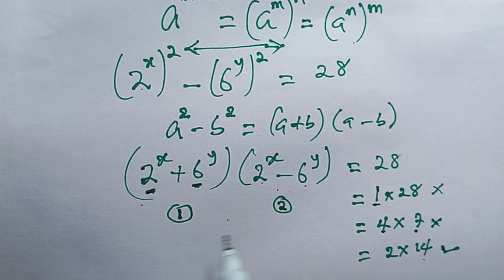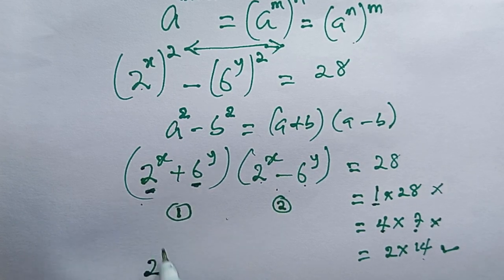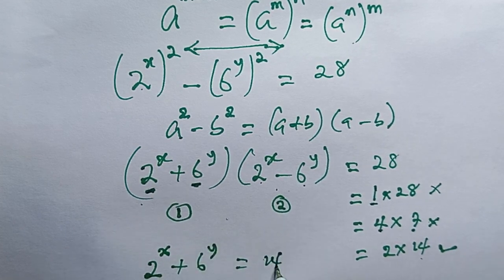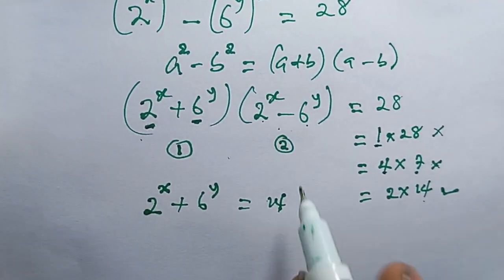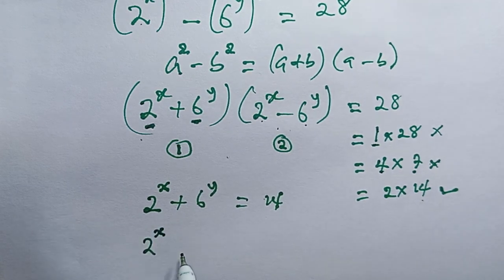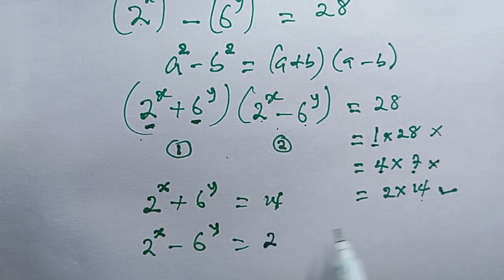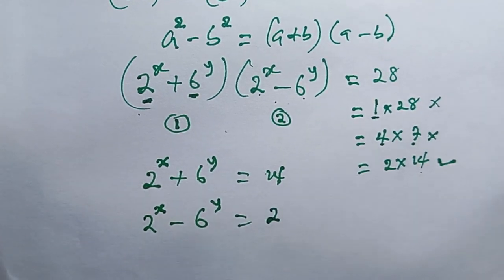So that being the case, we can now say that 2 power x plus 6 power y is equal to the bigger number, which is equal to 14, and then 2 power x minus 6 power y, which is the second term, will be equal to the smaller number, which is equal to 2.